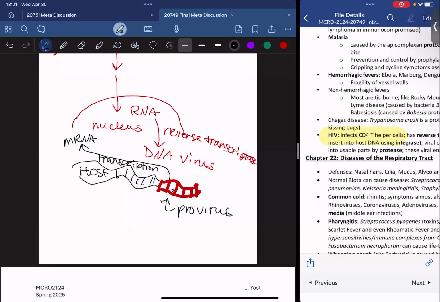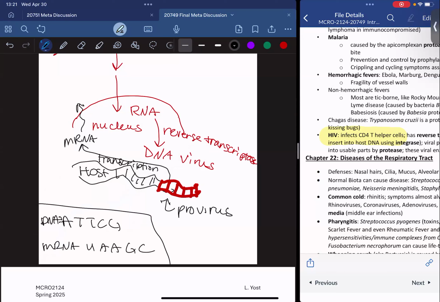And we will make that exact copy, where if the DNA was ATTCG, the mRNA made from that of our provirus would then be UAAGC. Transcription, and that will make the mRNA.